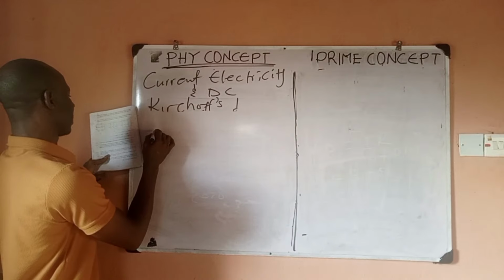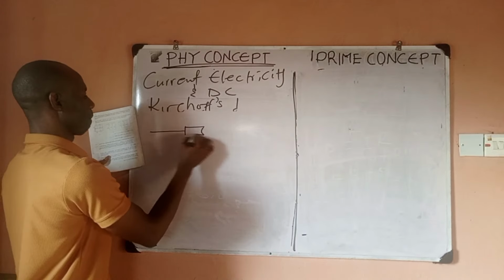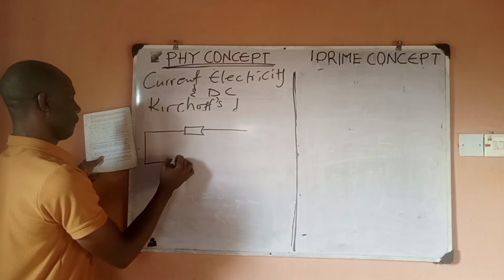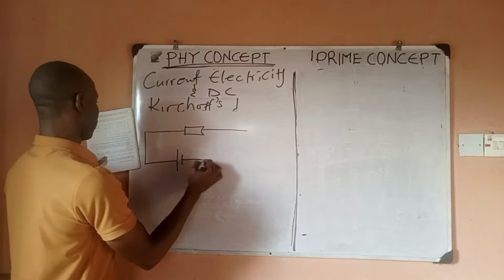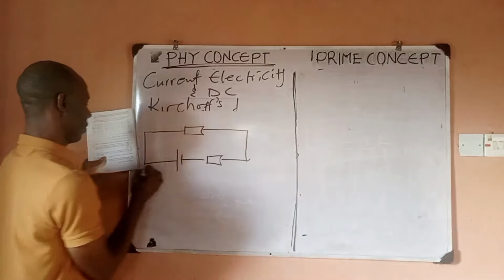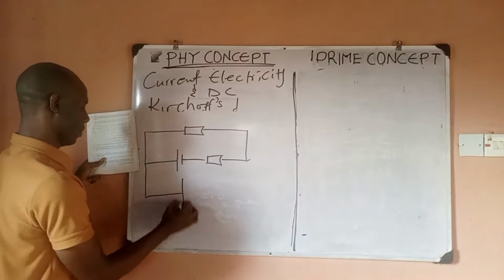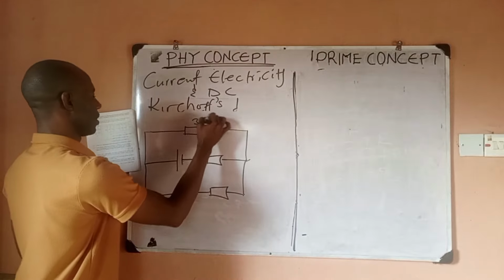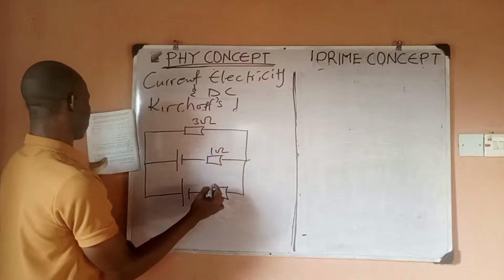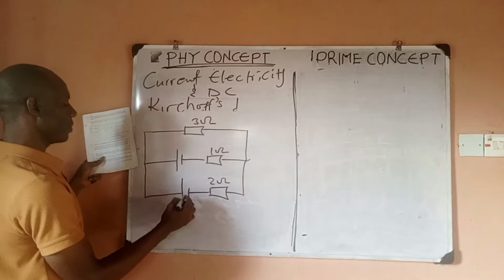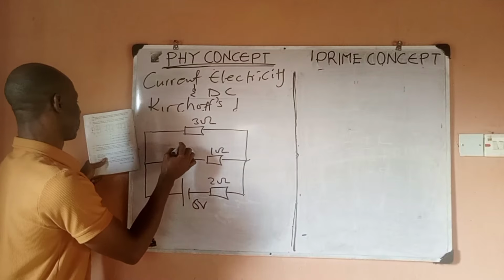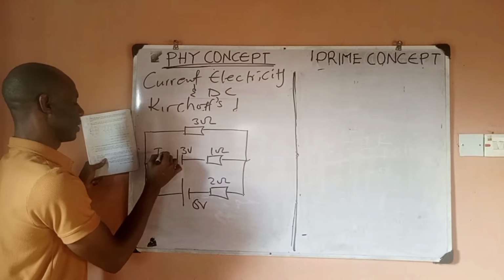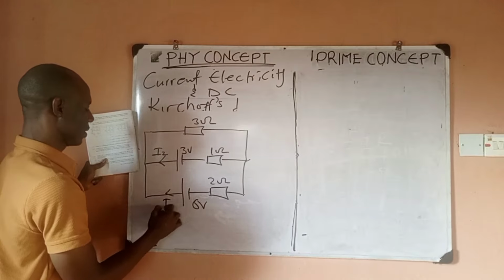So say we have this circuit. This is 3 ohms, this is 1 ohm, this is 2 ohms, this is 6 volts, this is 3 volts.